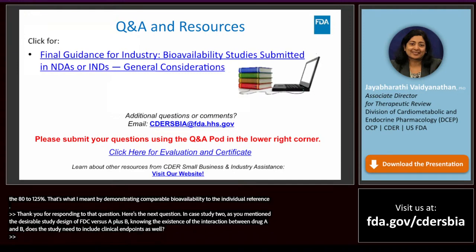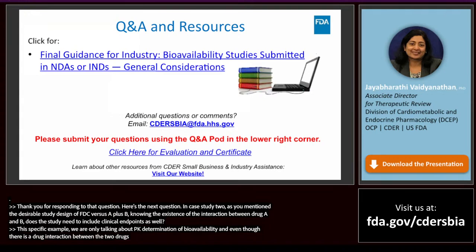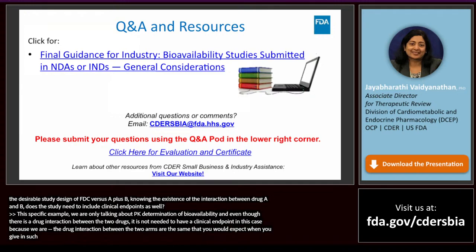In this specific example, we are only talking about PK determination of bioavailability. And even though there is a drug interaction between the two drugs, it is not needed to have a clinical endpoint in this case because the drug interaction between the two arms would be the same that you would expect when you give in such a design, that is evaluating the fixed dose combination with the two drugs given concurrently.